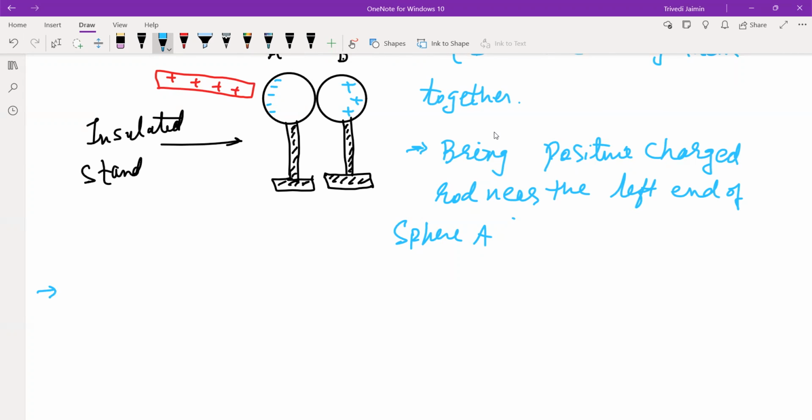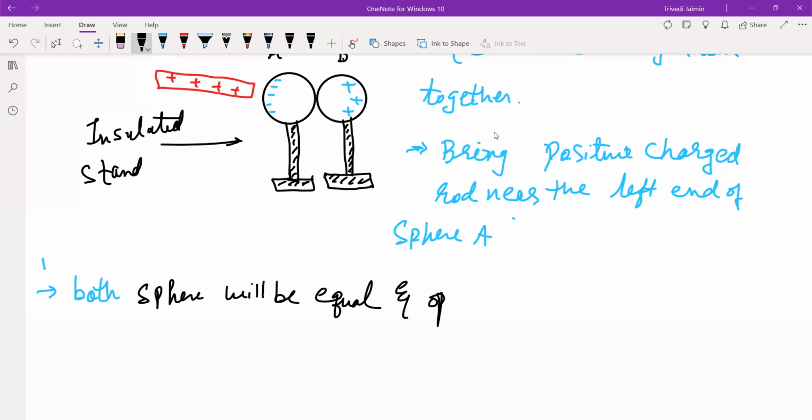Some note for this one. Both spheres have equal and opposite charges, not the same charge.